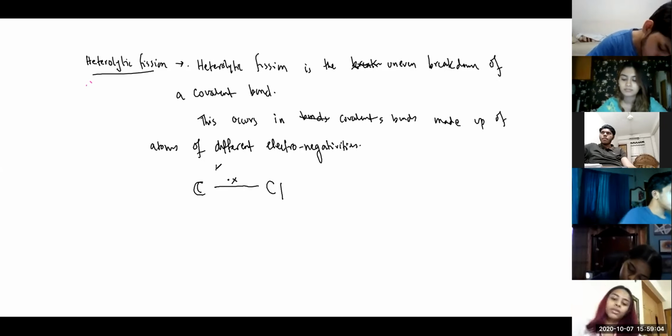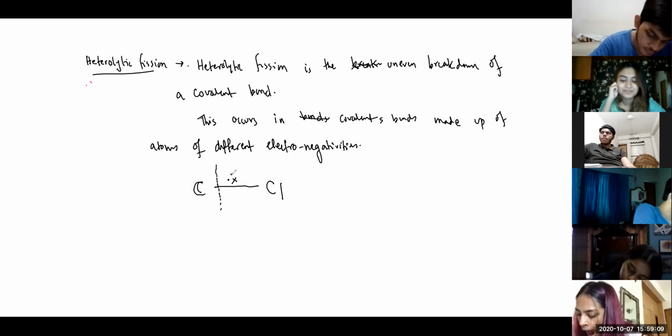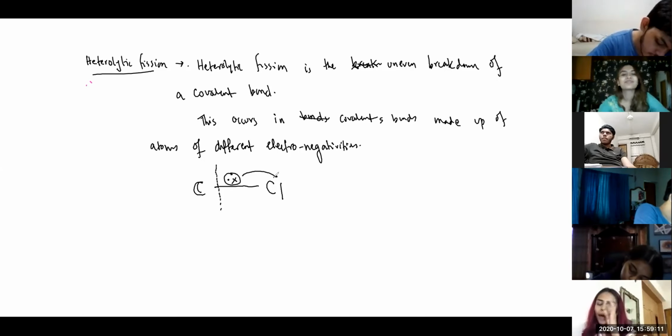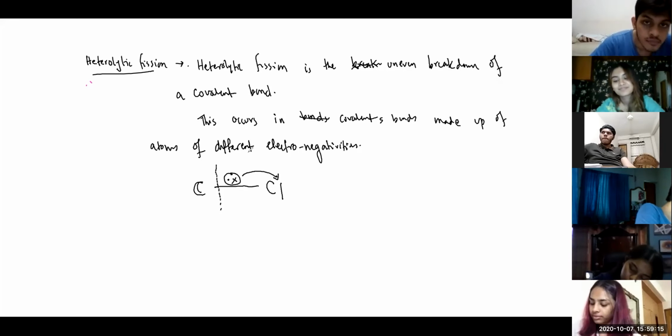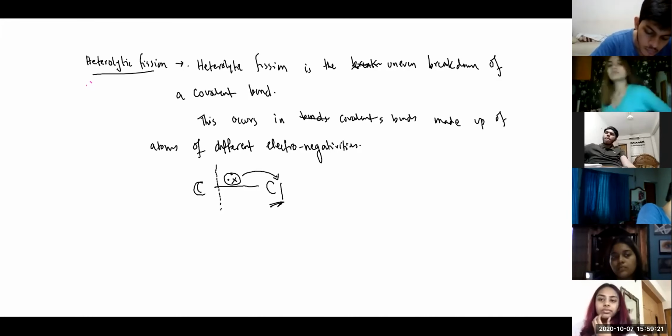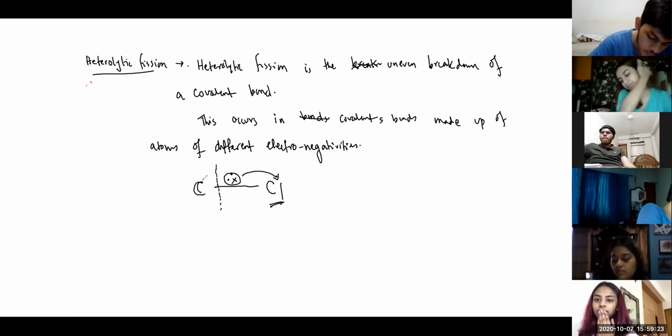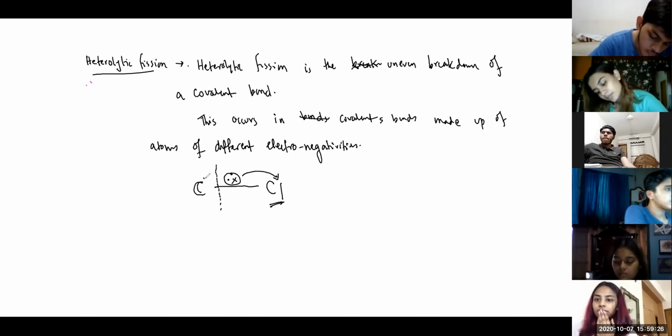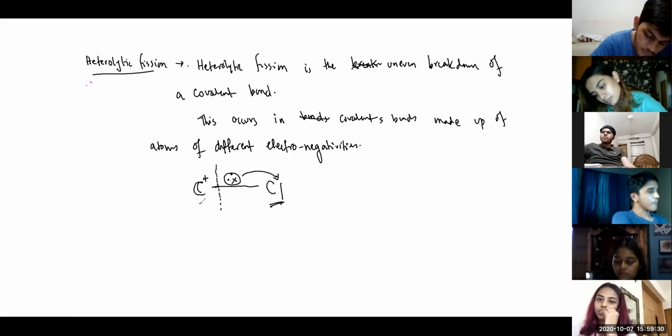it breaks down in such a way that both the electrons go to the atom which has higher electronegativity, and the atom which has a lower electronegativity receives none of the electrons.